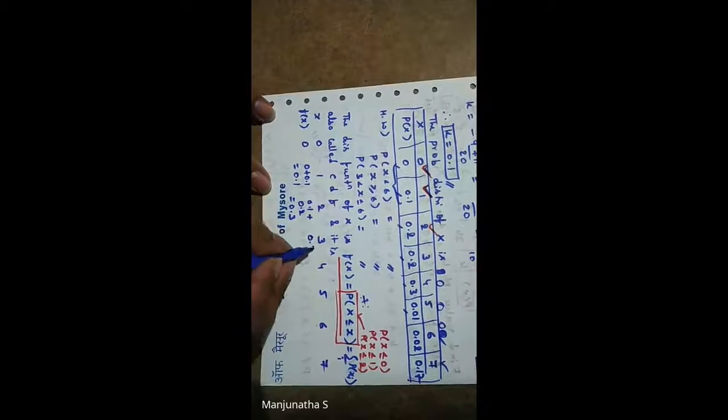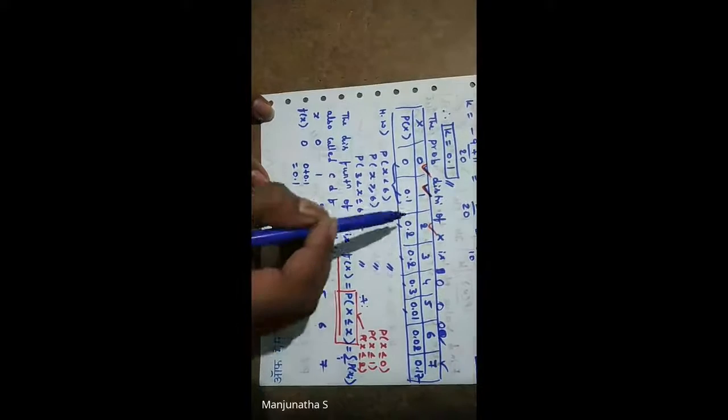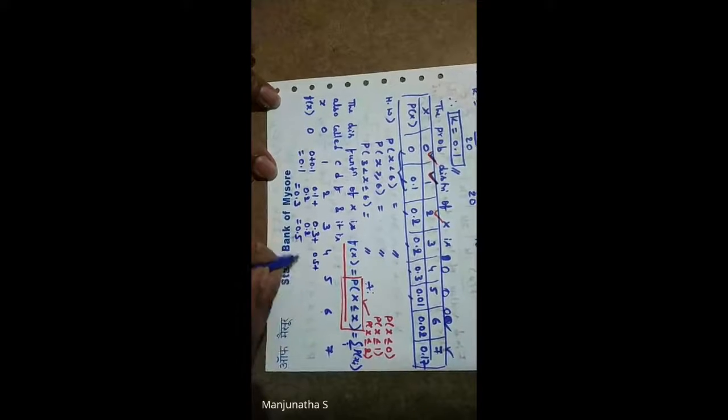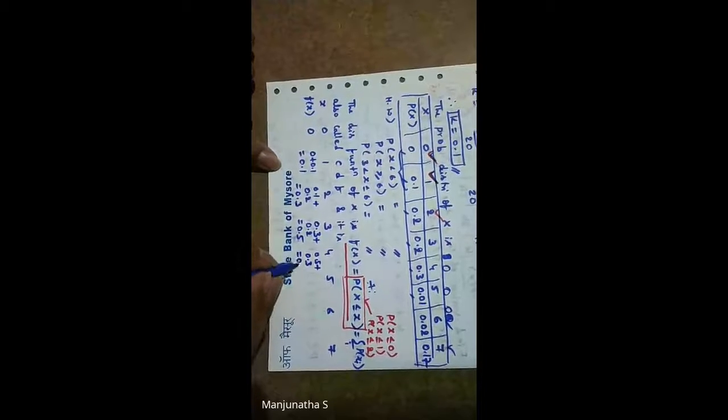Next 0.3 plus the third part, that is 0.2. So it is equal to 0.5. Next 0.5 plus 0.3 for 4, so it is 0.8.